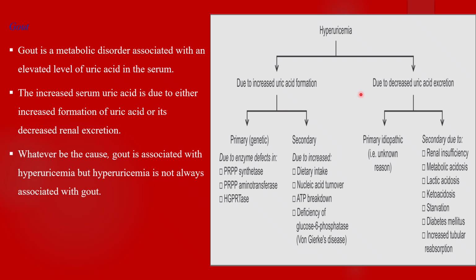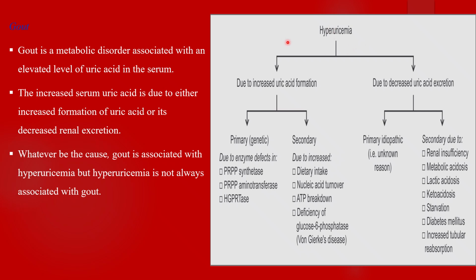This upper normal range of 7 milligrams per 100 ml is above the solubility of sodium urate in water, which is 6.4 milligrams per 100 ml. So the elevated level of uric acid is hyperuricemia.